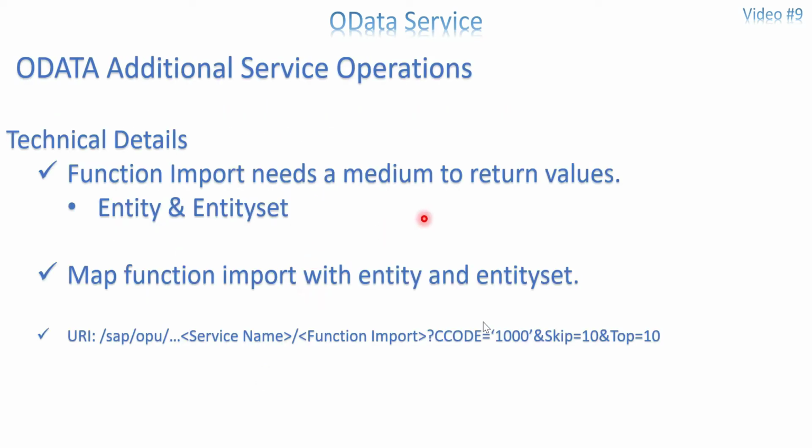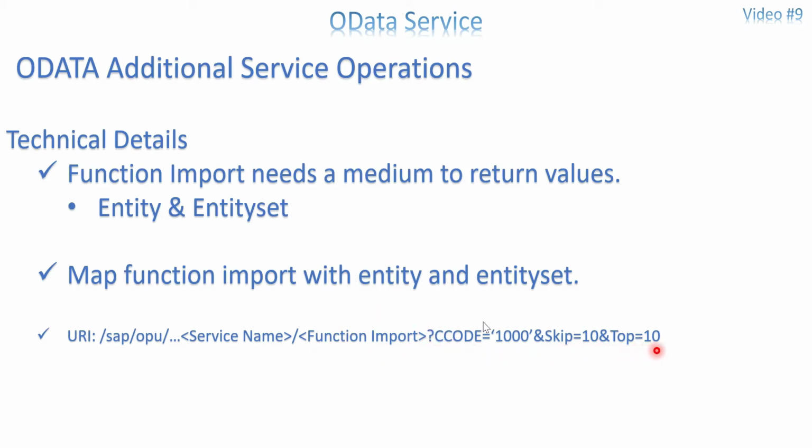These are some technical details: a function import needs a medium to return values, and that medium is nothing but the entity or entity set. So once you create a function import, you have to map the entity and entity set to it. Finally, this is the URI through which the UI calls it: the service name of your OData service, then the function import name you have created, then a question mark, then the properties.